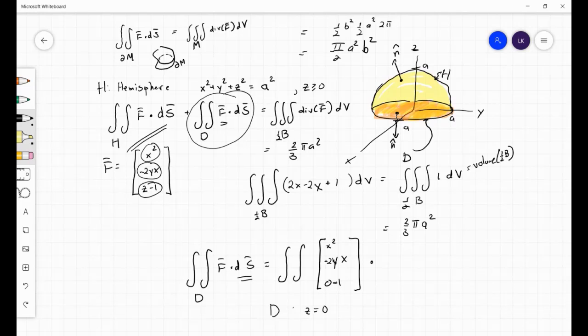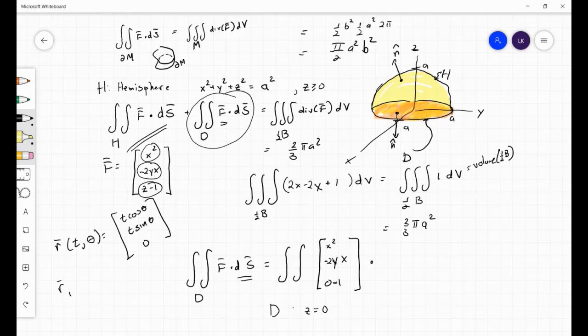And now for dS, I could try to parametrize the disk. We all know how to do that. I could say that r is the parametrization of the disk in terms of, let's say, t and theta. I could make x equal to t cosine theta, y equal to t sine theta, and z would be 0.